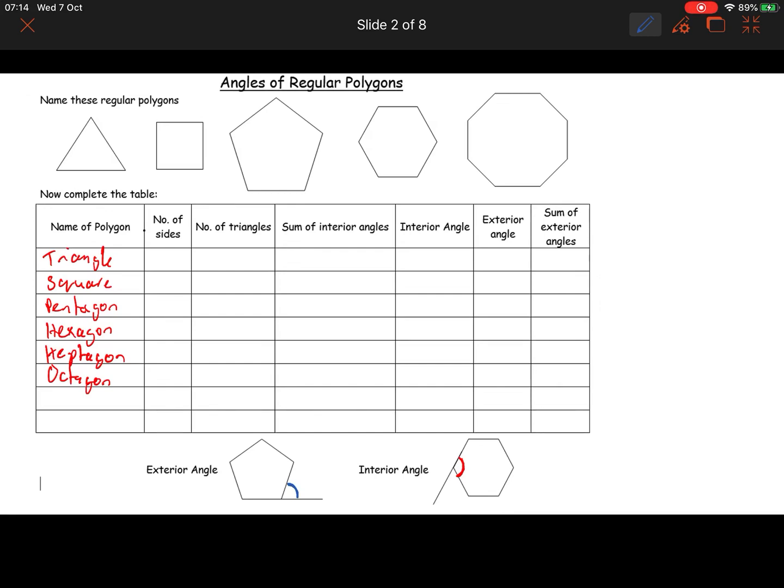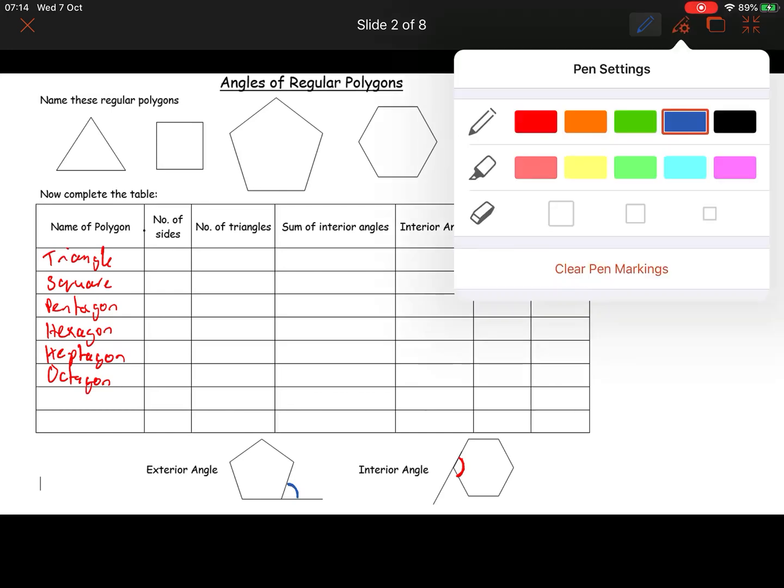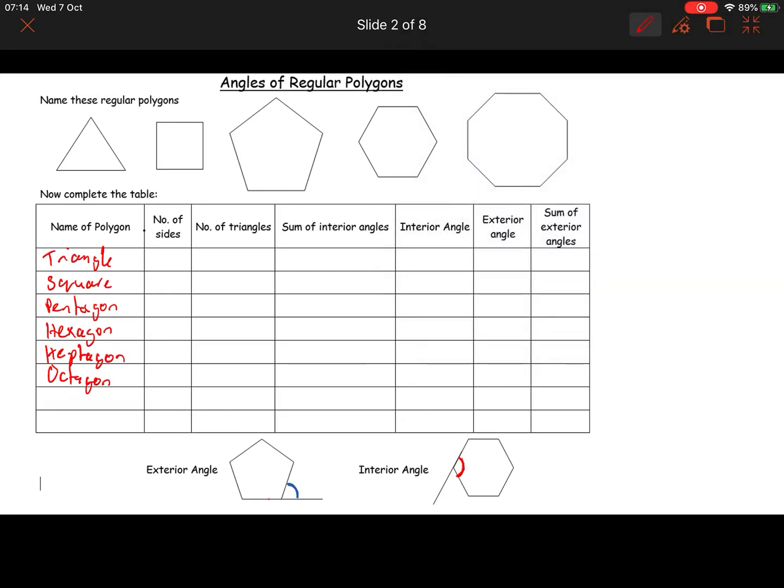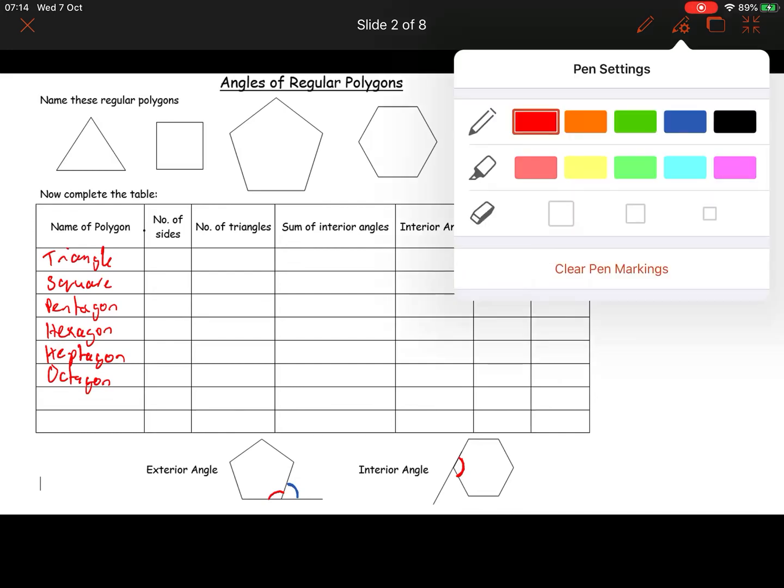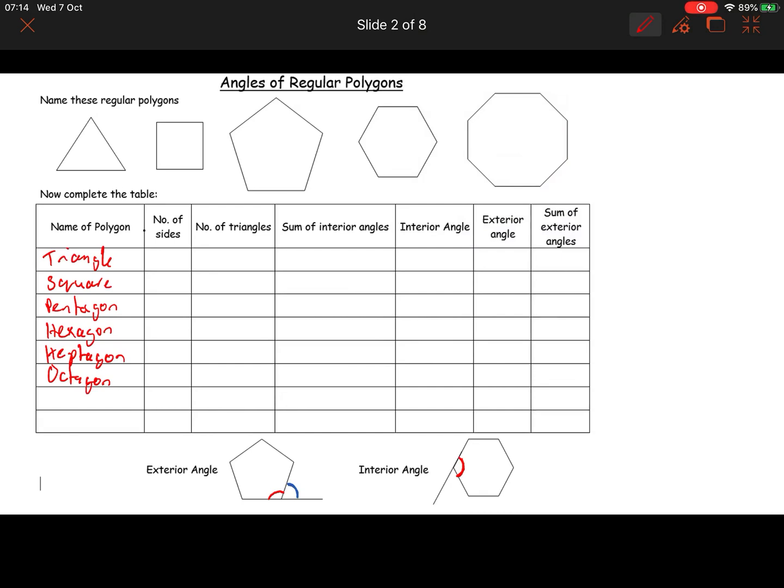Okay, so one important thing to note is, because it's a straight line, an interior angle plus an exterior angle must be equal to 180 degrees. So that's going to be useful. Okay. Now, what we can do now is set the number of sides. So triangle has 3 sides, square has 4 sides, pentagon 5 sides, 6, 7, 8 sides.